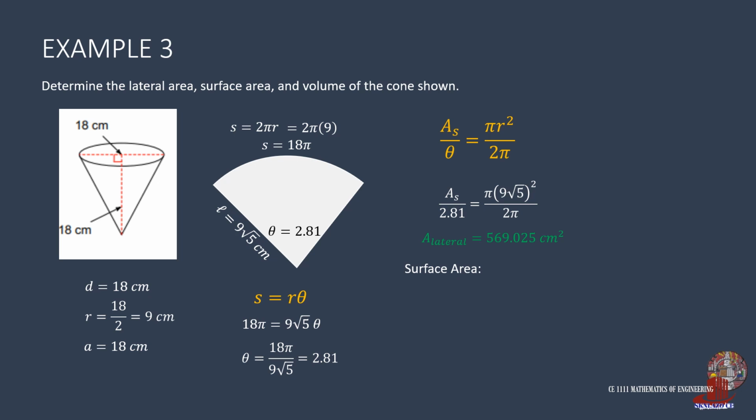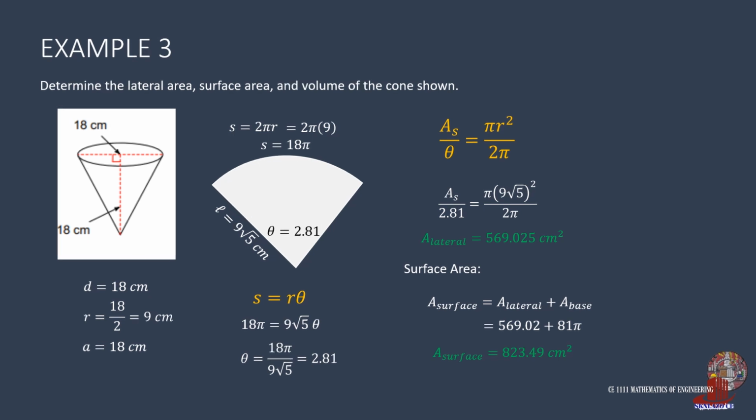The surface area is also solved as the lateral area and the area of the base, which are replaced as 569.025 plus 81 pi. The surface area is then 823.49 square centimeters.